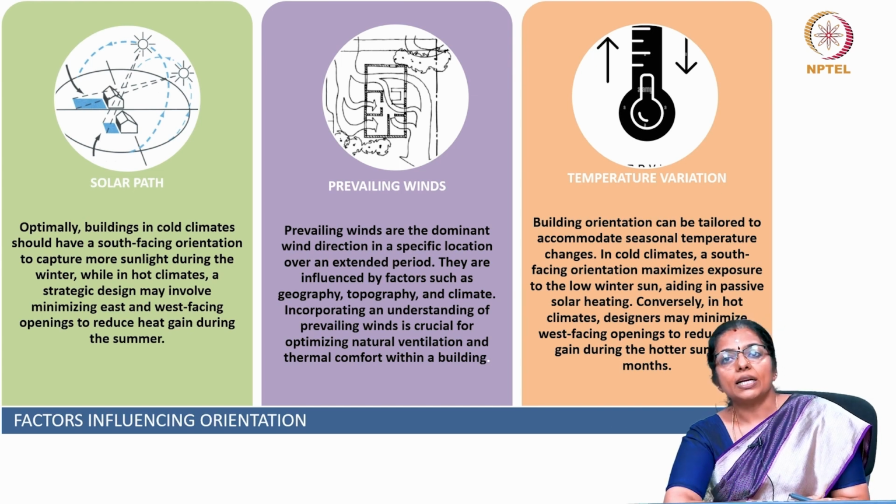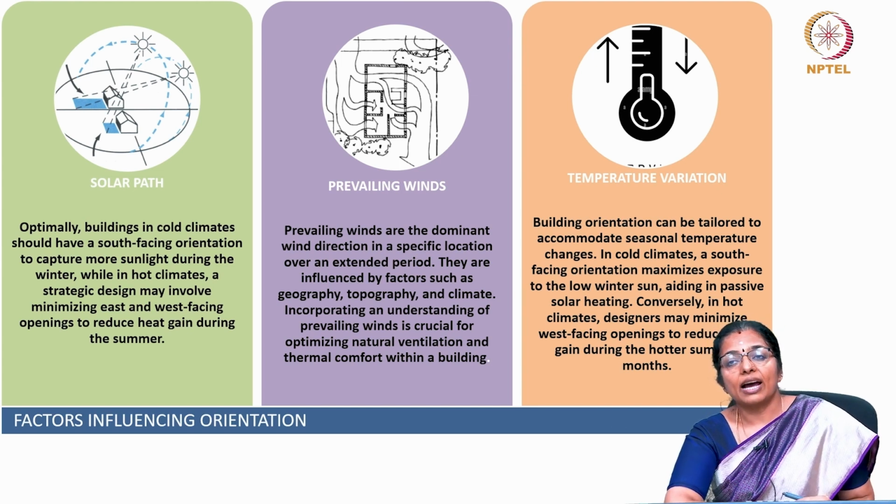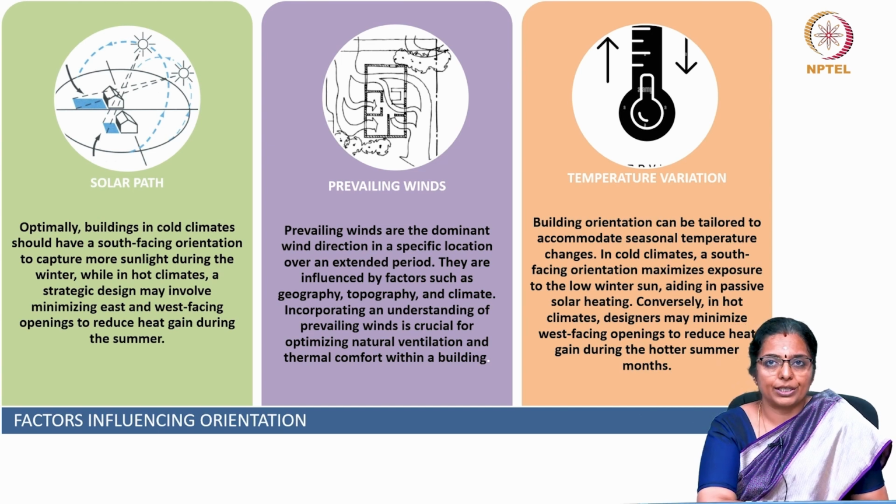Optimally, buildings in cold climates should have a south facing orientation to capture more sunlight during the winter. While in hot climates, a strategic design will involve minimizing east and west facing openings to reduce heat gain during the summer.